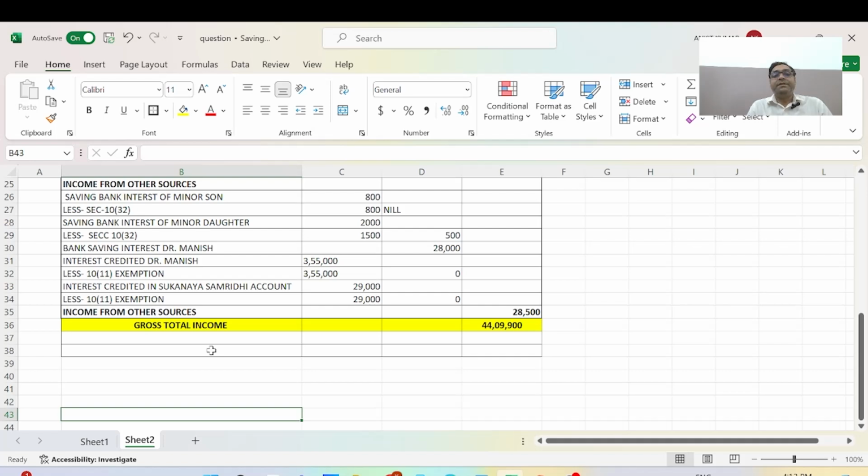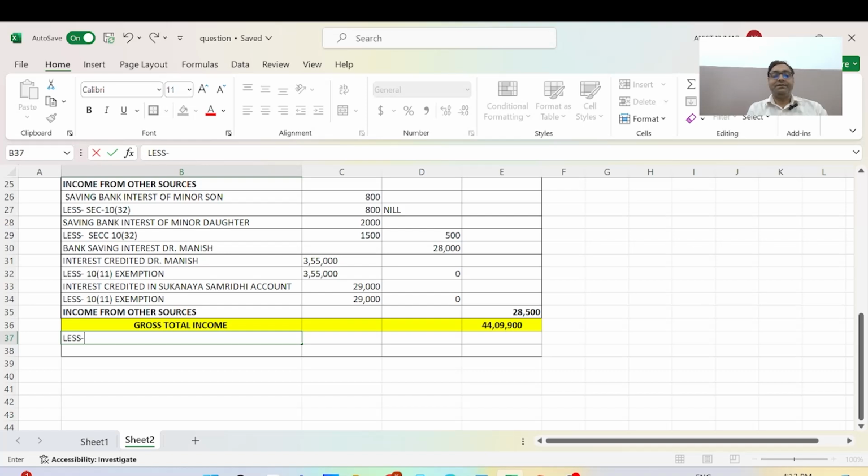Now we will calculate the tax liabilities. We have the gross total income. Now we will calculate the deductions under different sections. I will take the deductions first; many deductions will be less.